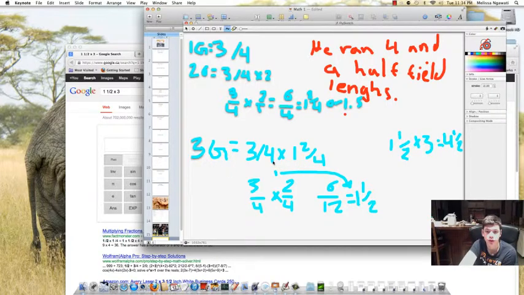Game 3 is 3/4 times 1 and 1/4, which is 1 and 1/2. Then 1 and 1/2 times 3 gives you 4 and 1/2. Israel Dag ran 4.5 field lengths.